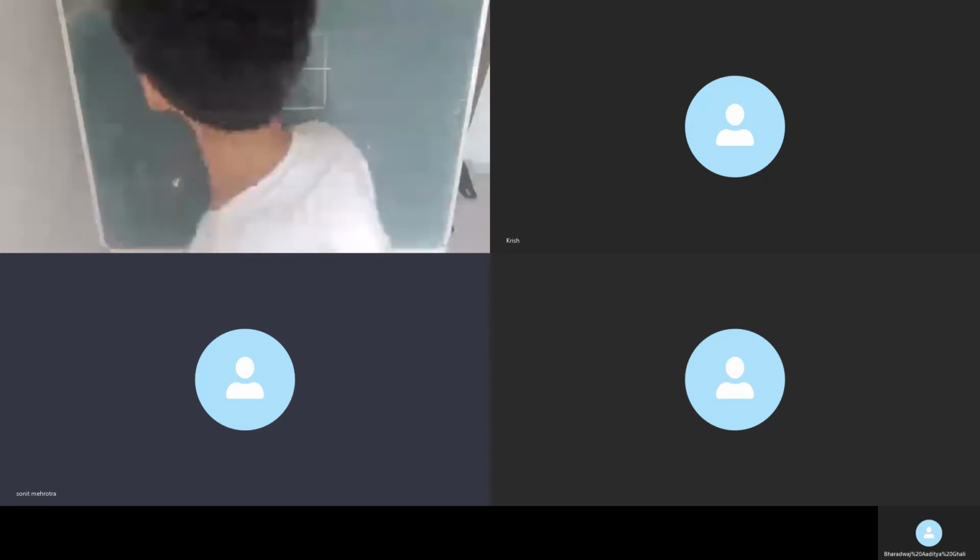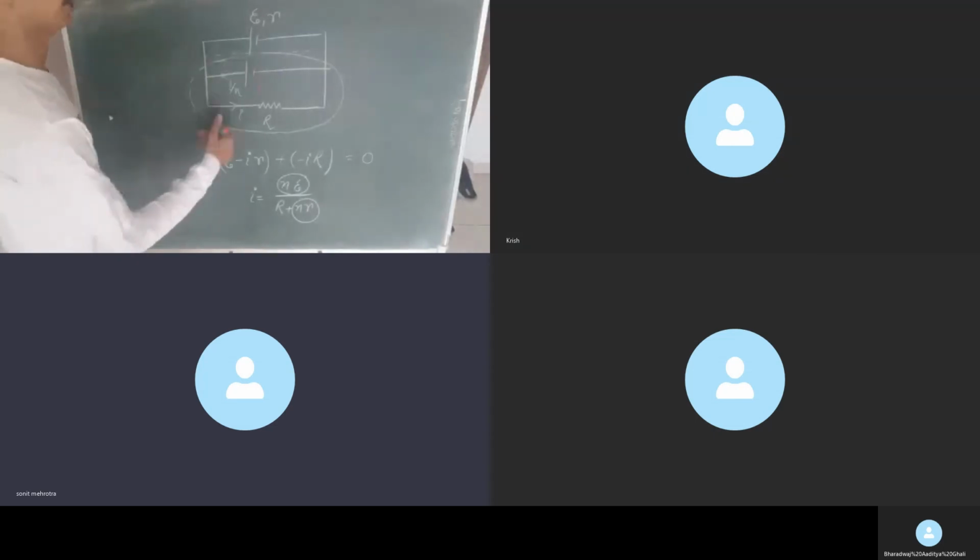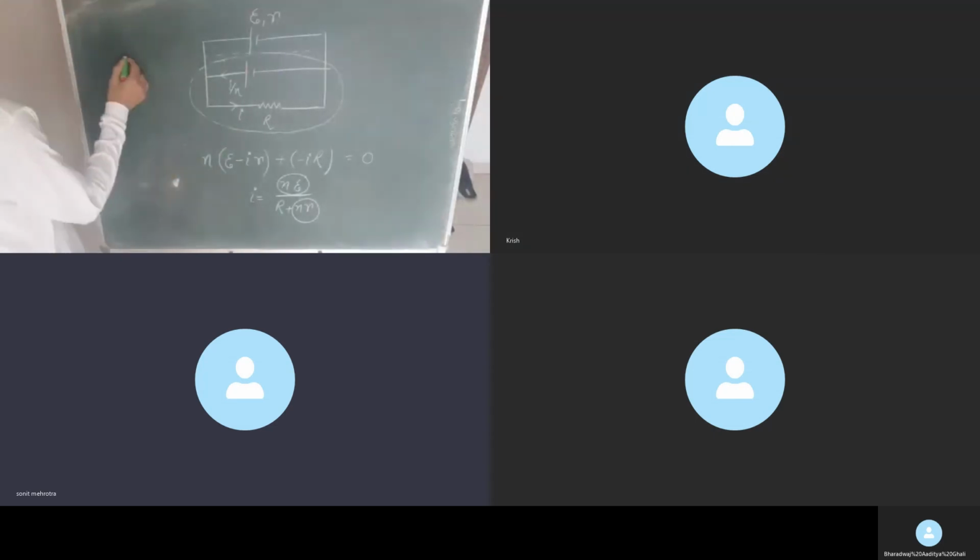Contribution of each cell being I by n, n times when you add, you will get I. Correct? So I by n is flowing through the circuit, which gives VA minus VB as E minus I by n into r.